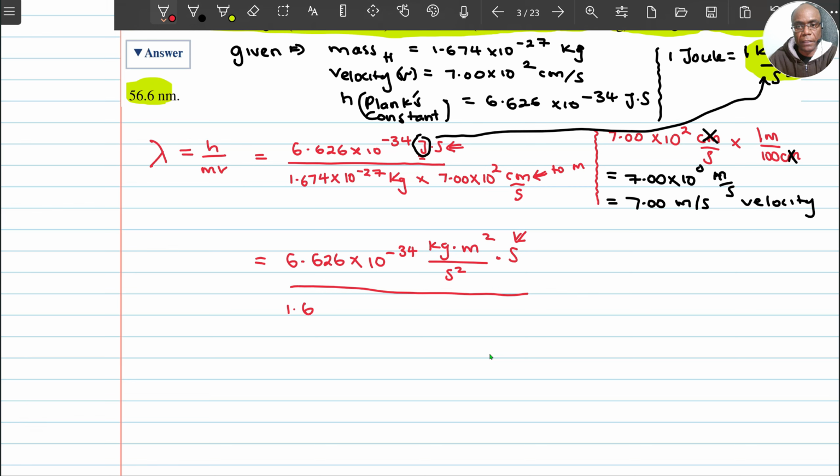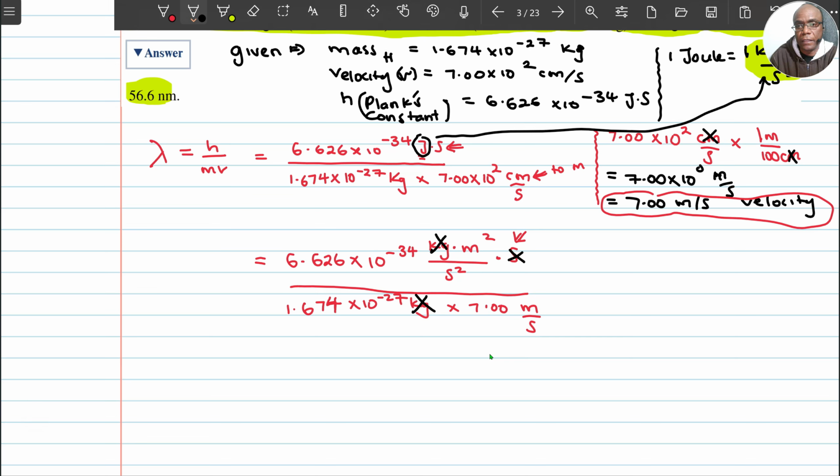So I bring back my number, 1.674 times 10 to the power negative 27 kilograms. That's the mass of the proton. And multiply, this time using my velocity in meters per second, 7.00 meters per second. Now, having these units like this will help me to cancel kg and kg. In chemistry, SI units must cancel out. You have to be very careful.